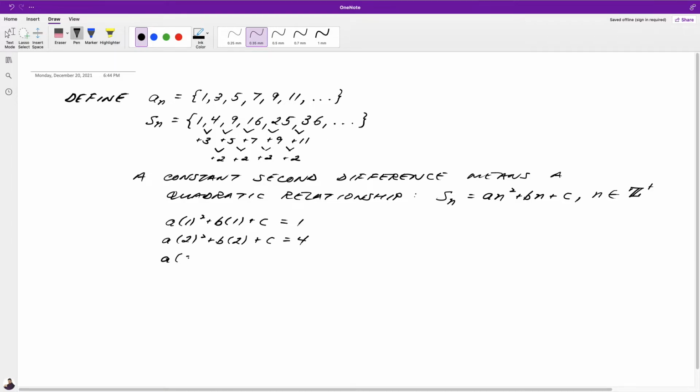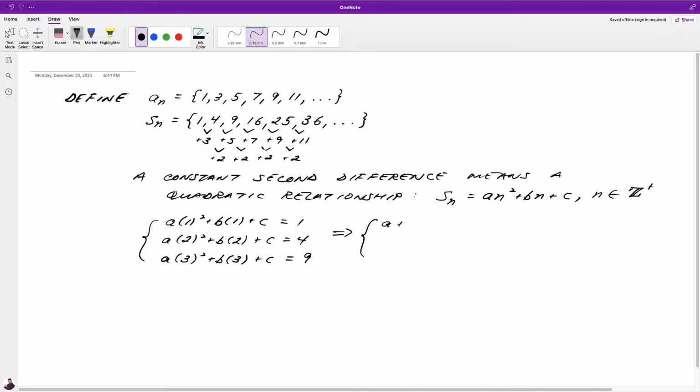So you got a times 3 squared plus b times 3 plus c equals 9. Let's go ahead and solve this system. Notice that I'm going with 3 sets of inputs and outputs because I have 3 unknowns, a, b, and c.